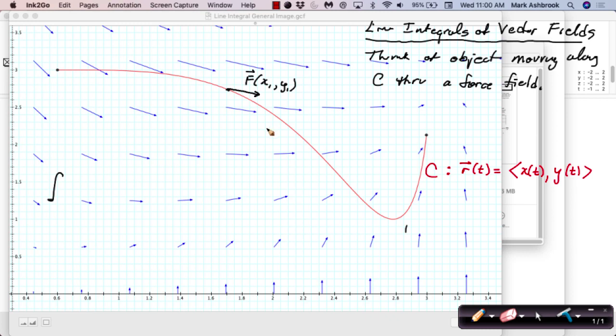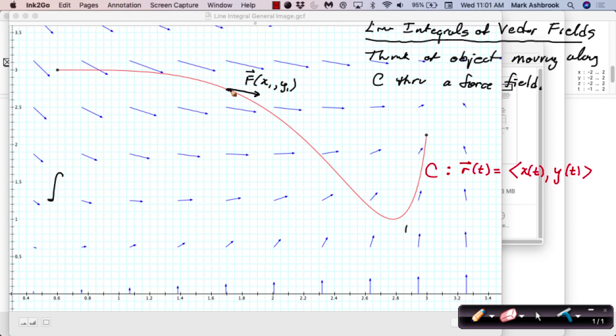Parallel to the curve, right? Whatever part of that force is parallel to the curve is going to actually propel or hinder the object along the path. So let's draw that.